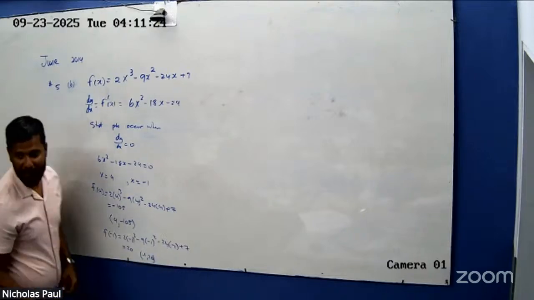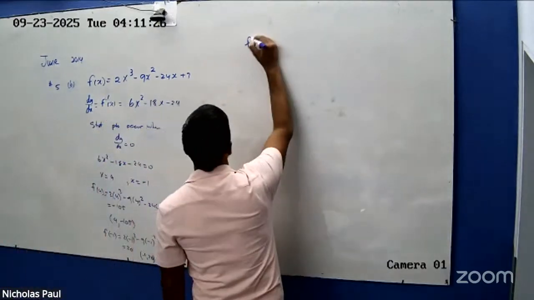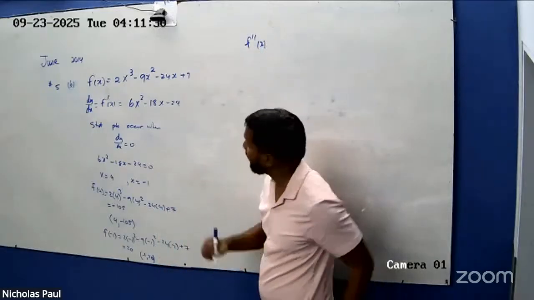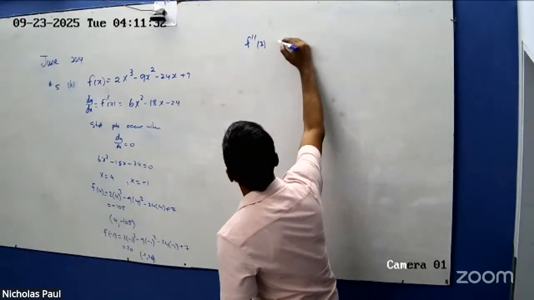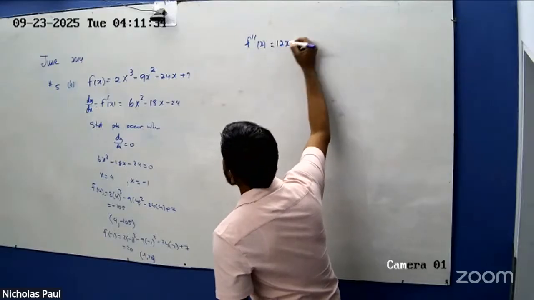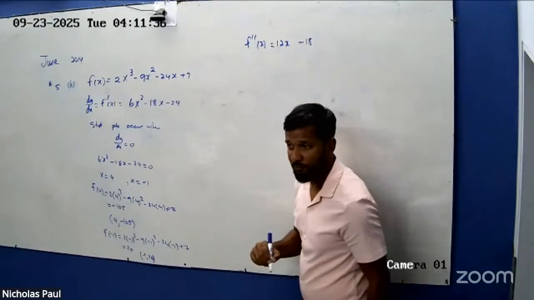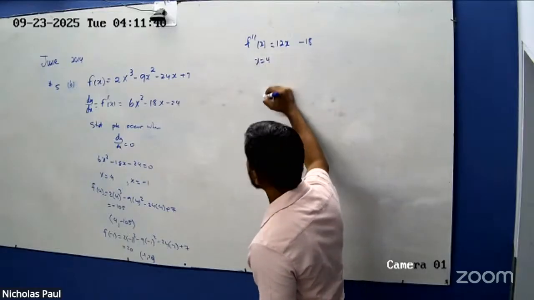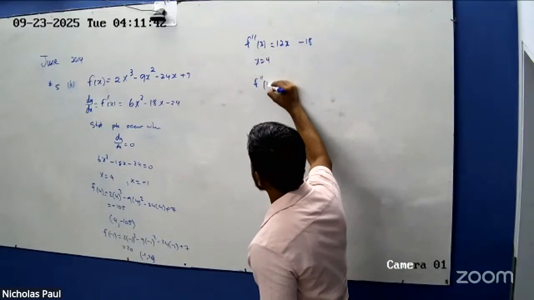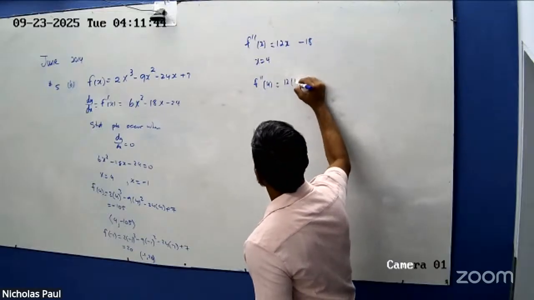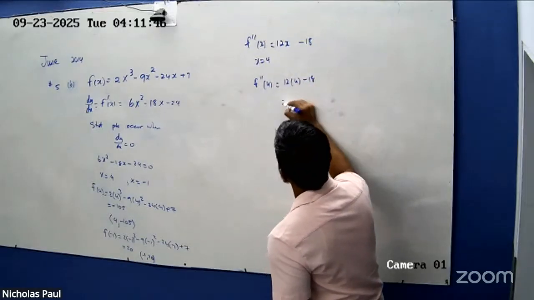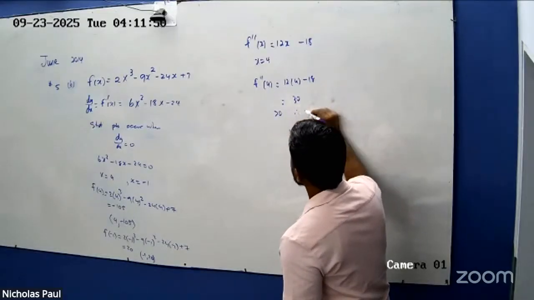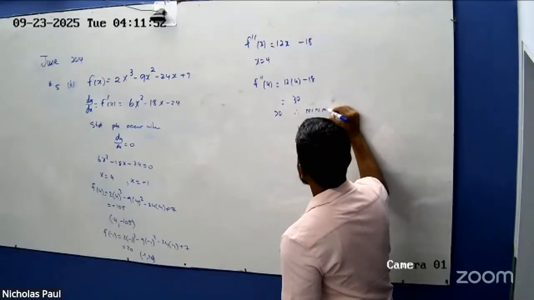So we have that. Now, second differential. Your second differential is 12x minus 18. And we just plug in x is 4. So the second differential at 4 is 12 times 4 minus 18, that's 30, more than 0. Therefore, it's a minimum.